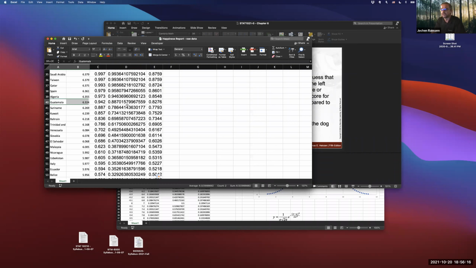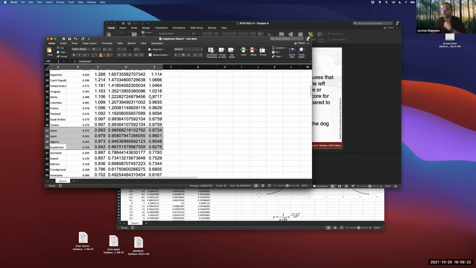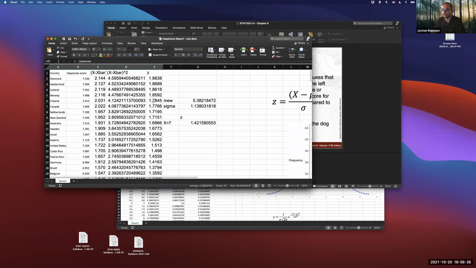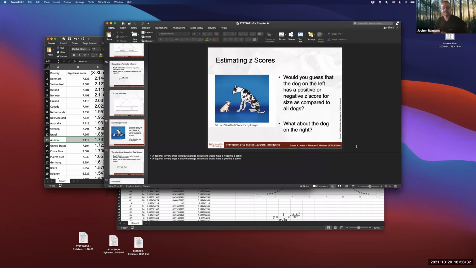Spain is that happy, Algeria, Qatar, and Guatemala, that is actually very interesting. Argentina, Mexico. Okay, I've never really looked at this data. Here's Austria. We're pretty happy too. Good. So this is essentially what the Z score is doing.